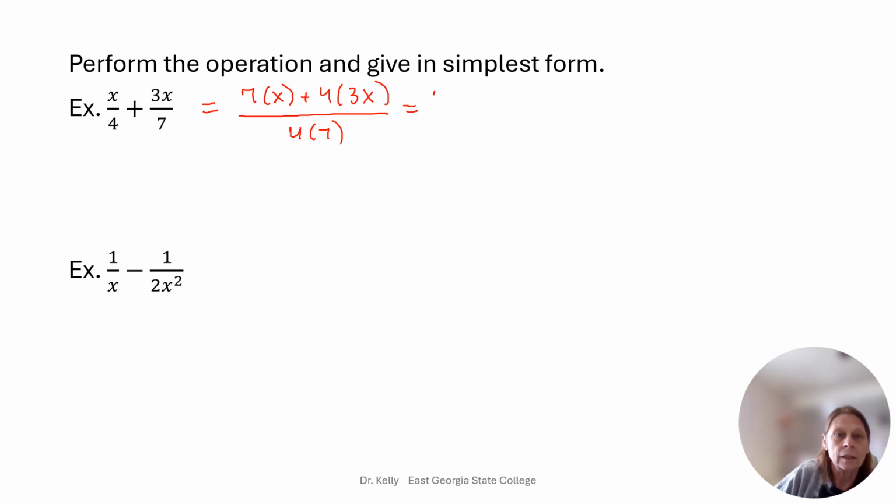So that looks like 7x plus 12x over 28. And because both of these are x's, they're like terms, we can put them together. So we have 19x's over 28.